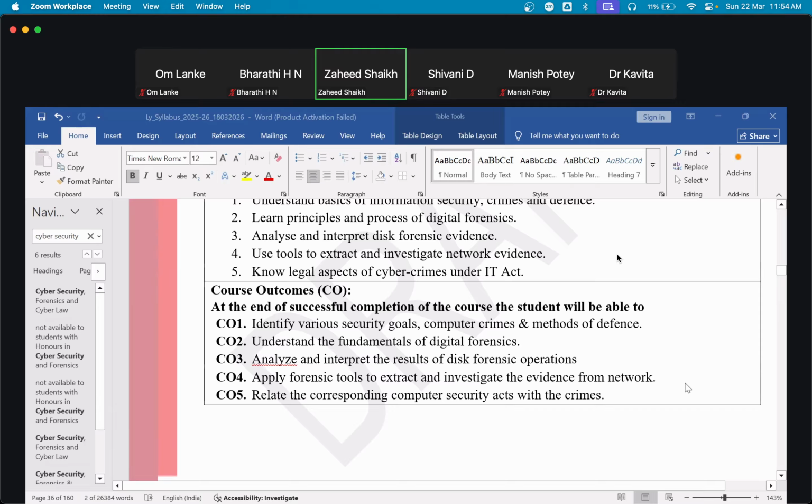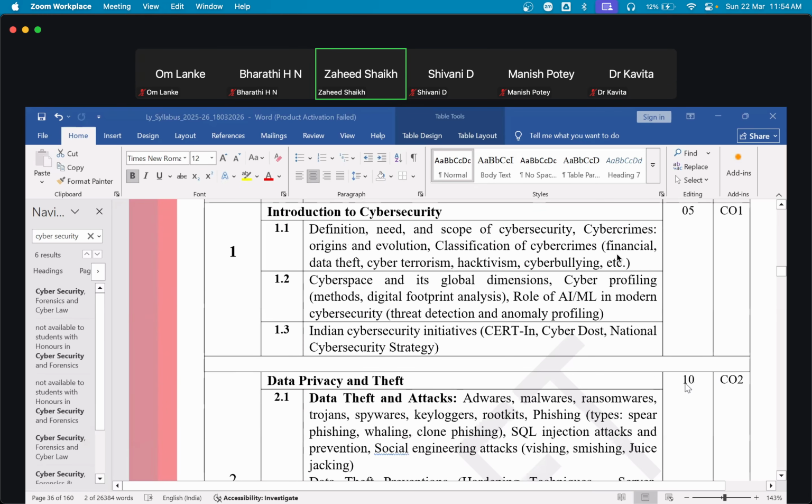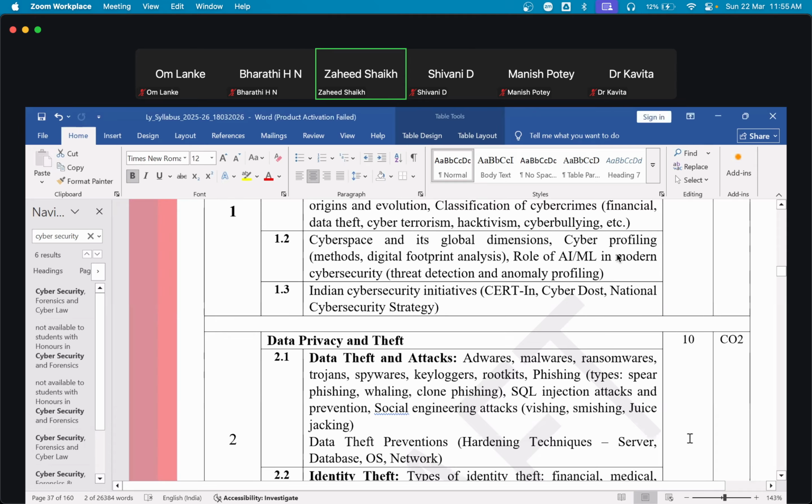So moving to module number 1. It focuses on the fundamentals of information security, the different types of cybercrimes, evolutions, cyber activism, cyberbullying, etc. How AI/ML is playing a role in threat detection and anomaly profiling for modern day cybercrime operations, and the role of a nodal agency such as CERT, for example.